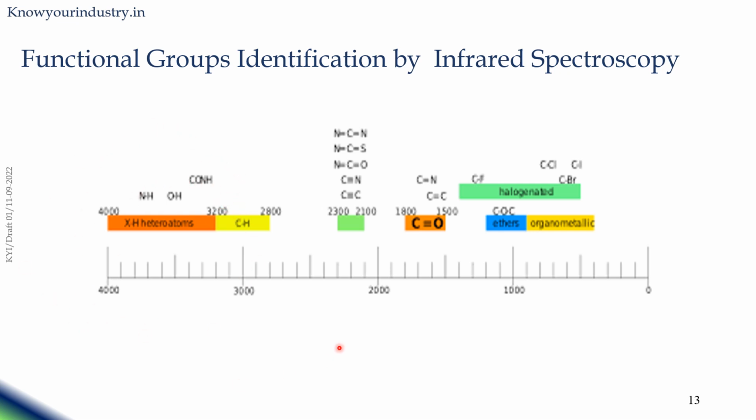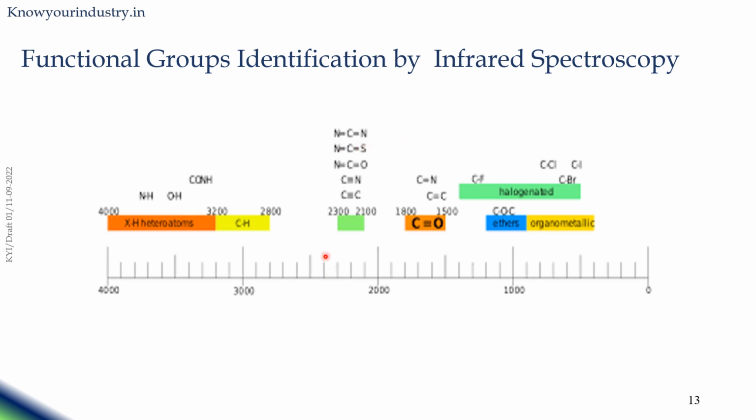From 3000 to 2000 you can see C triple bond C, C triple bond N, N double bond C double bond O, N double bond C double bond S, N double bond C double bond N.